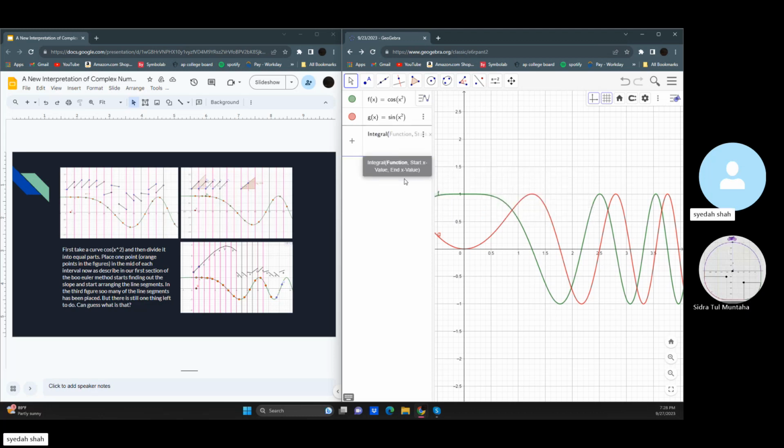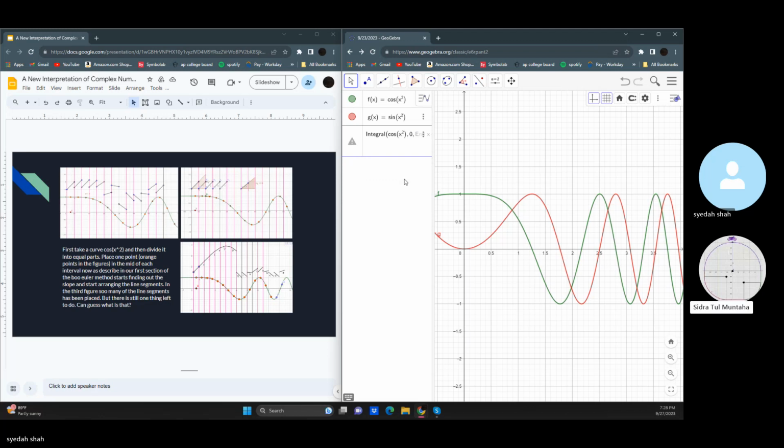And then the function will be cosine x squared. And then the starting point would be 0, and then the endpoint would be. Okay.